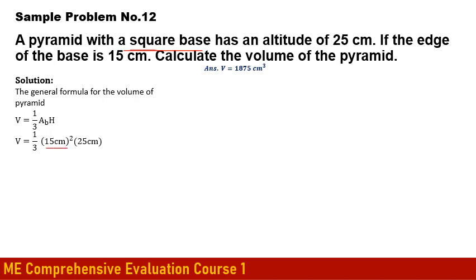Since the altitude is the perpendicular height from the apex to the base, and that is 25 centimeter, we can substitute it directly in the formula to obtain the volume of this square pyramid to be 1875 cubic centimeter.